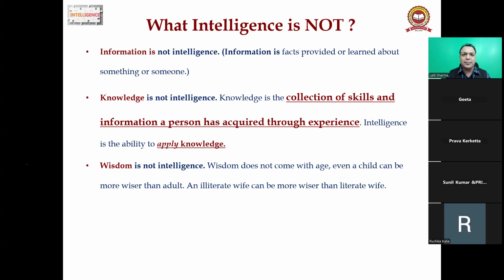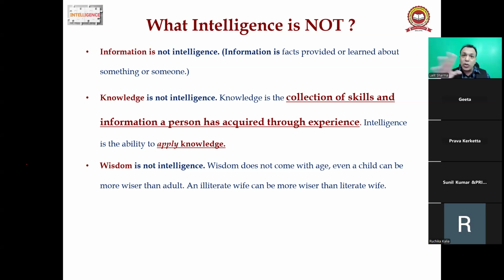गांधी जी ने कहा था ये, महात्मा गांधी ने. An illiterate wife can be more educated than a literate wife. मतलब ये नहीं कि कोई वाइफ को या हस्बैंड को बोला था, just to clear the concept. Means an illiterate person, wife or husband, male or female, can be wiser than a literate person.